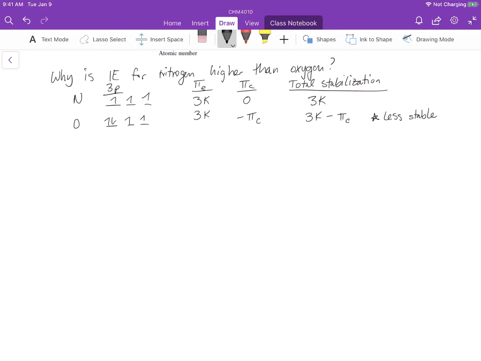If it's less stable, it means it's higher energy, and it means it's easier to remove an electron, because removing an electron will make it lower energy.